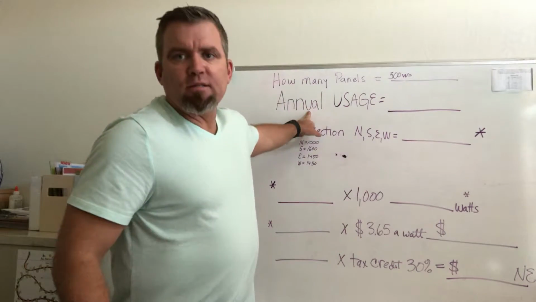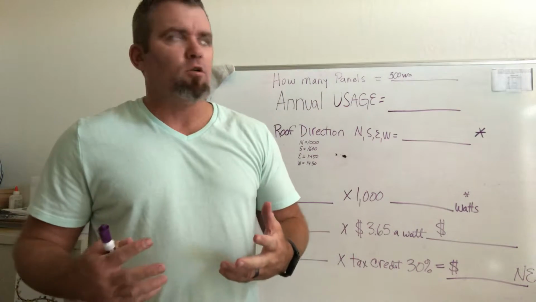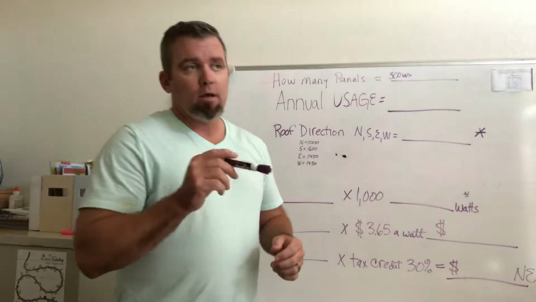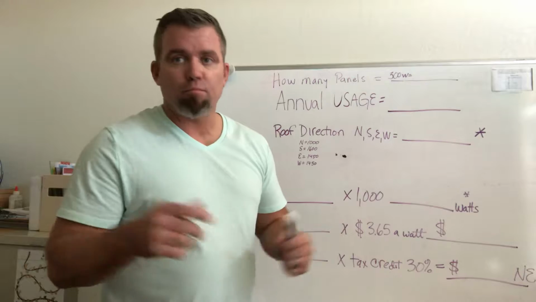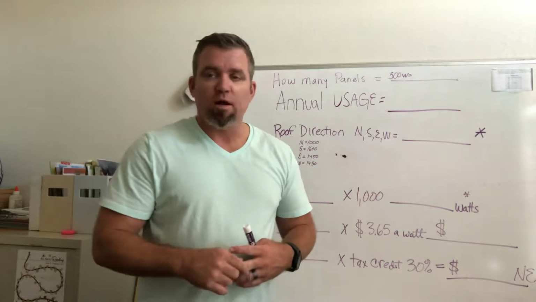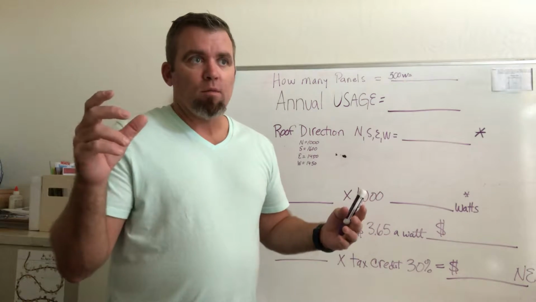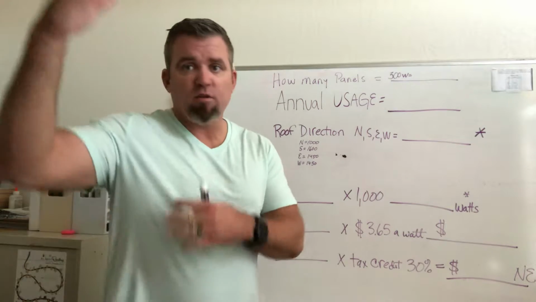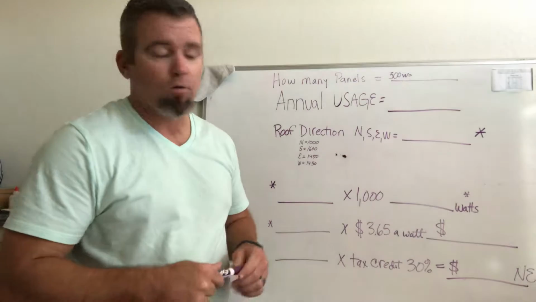The biggest thing is we need to know what your annual usage is. The easiest way, and I posted on my Facebook page, is go to PG&E or SCE or SDGE. On PG&E there's a green button called Green Dot. Download the Excel file. It'll give you the history of electricity usage in your home.